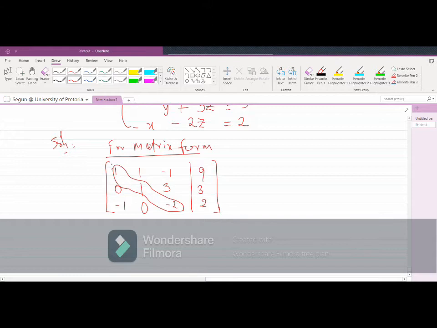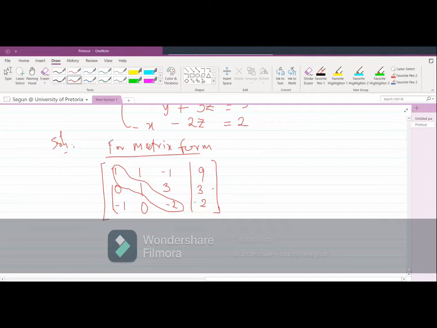Everything on the diagonal must equal 1. Then the lower triangle, all the elements here must equal 0.